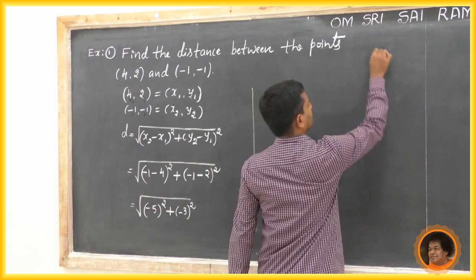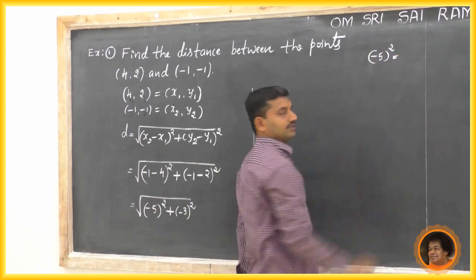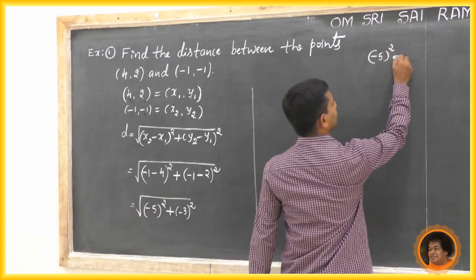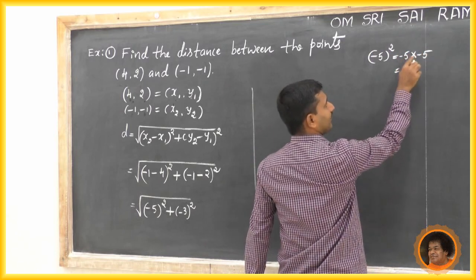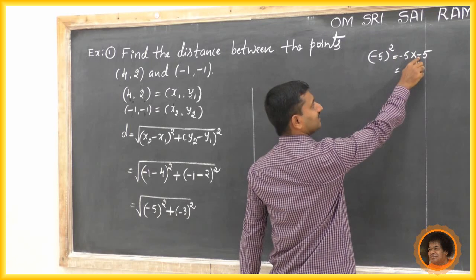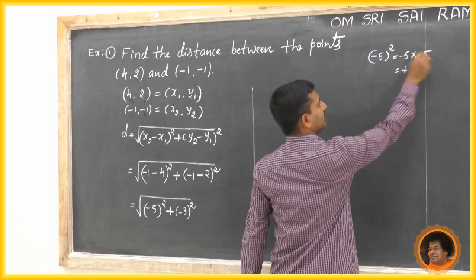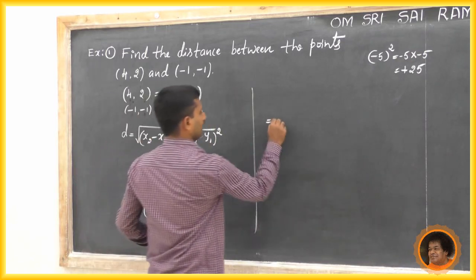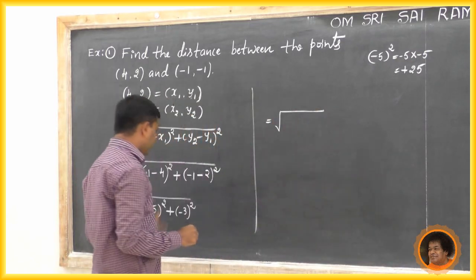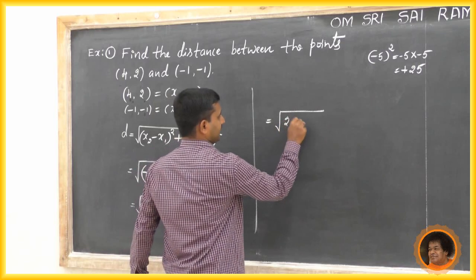Minus 5 whole square means minus 5 into minus 5. Minus into minus is plus, so 5 into 5 is 25.